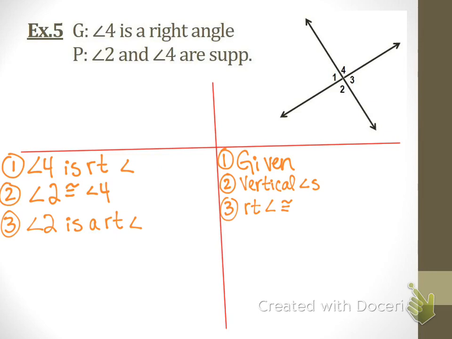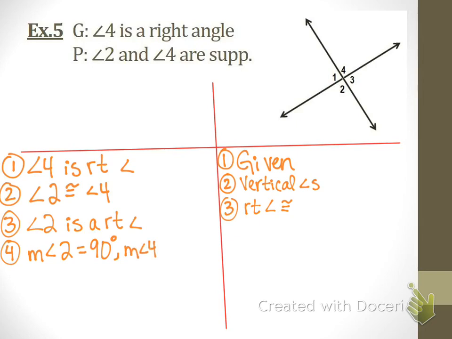So the part that I think some people might not necessarily like, but this is where we have to go. If we are going to be talking about supplementary, we need to be talking about these measures. So far we've been saying right angle, right angle, right angle. What does that mean? It measures 90 degrees. So for step 4, we need to say measure angle 2 equals 90 degrees.